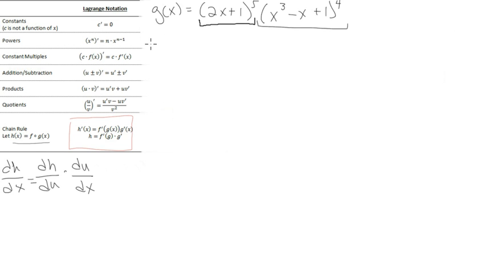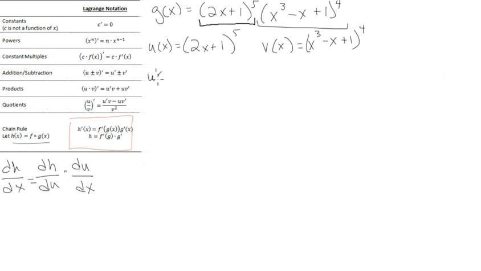So you could think here that u of x is equal to 2x plus 1 raised to the 5th power, and that v of x is equal to x cubed minus x plus 1, all raised to the 4th power. Now I'm going to skip some steps here, but if you're having trouble following what I do, just pause the video, write out the composite functions fully or the substitution process fully to see it.